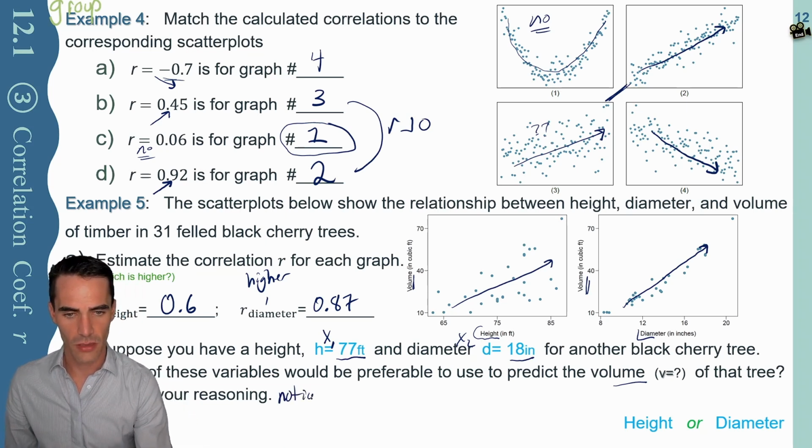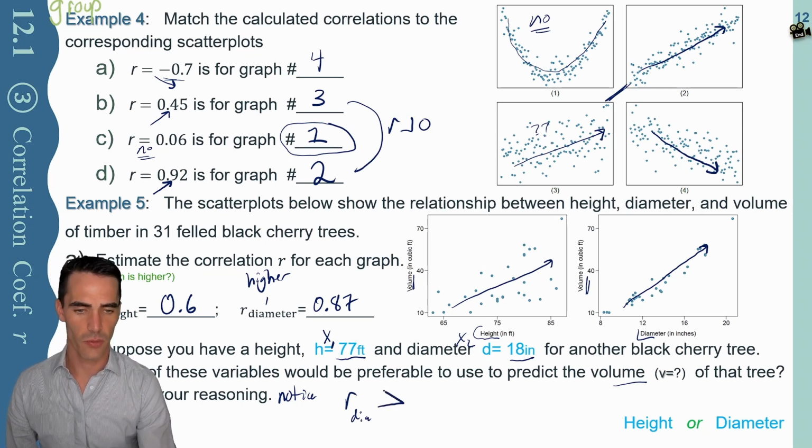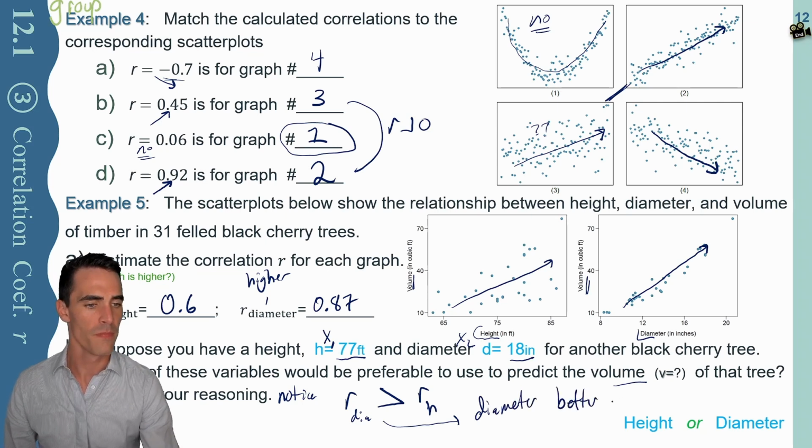Well, notice our R for diameter, let's write DIA, is greater than, it's quite a bit larger than my R for my height, meaning that diameter is a better predictor. Better predictor, because they're better correlated together.